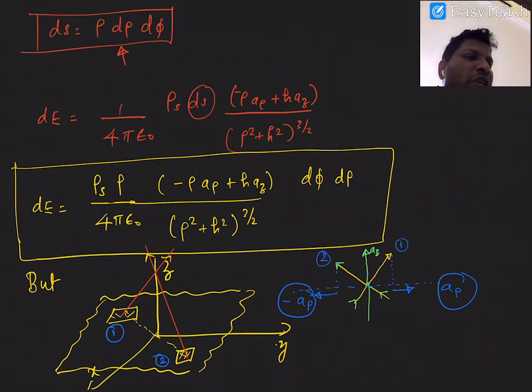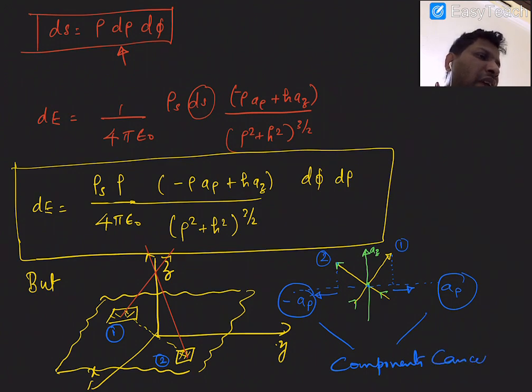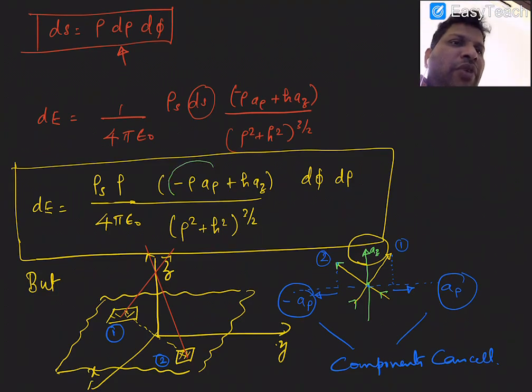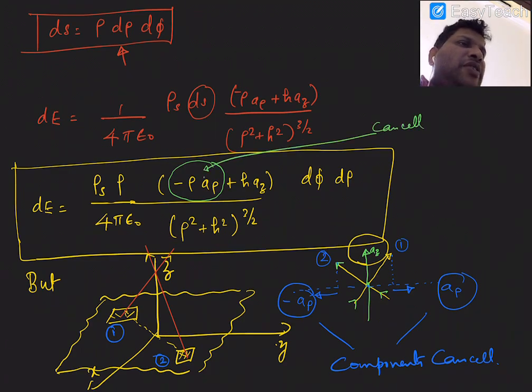What will happen? These two components will cancel. So only one component will remain. What is that? It will be the az. So in the above equation, the a rho component will cancel out.